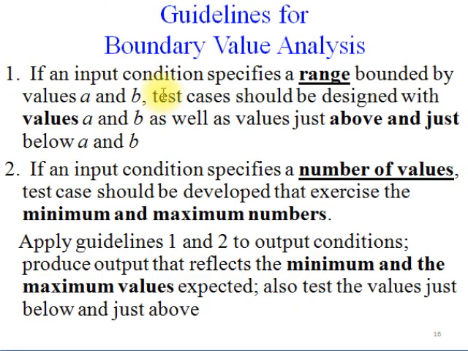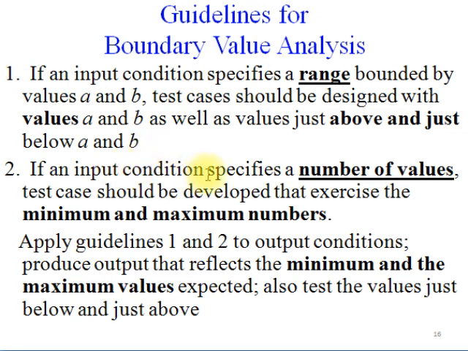The guidelines for boundary value analysis are most similar to those for equivalence classes. If an input condition specifies a range from a to b, a value less than a or greater than b is considered an invalid input. So let us check the values a and b, as well as the values just above and just below a and b.